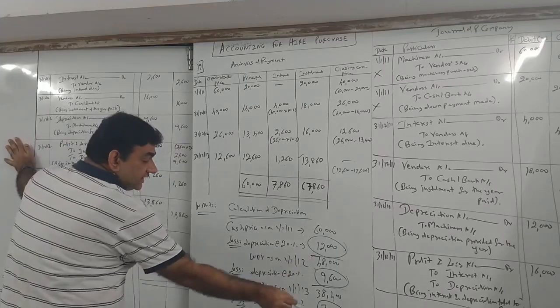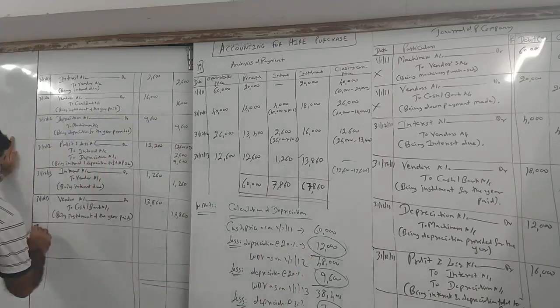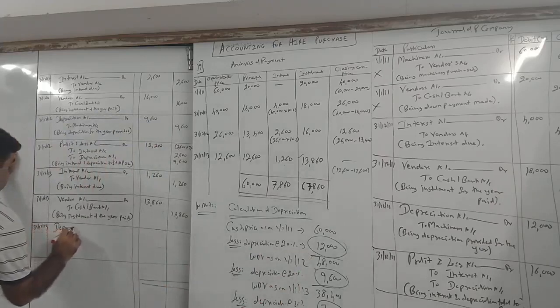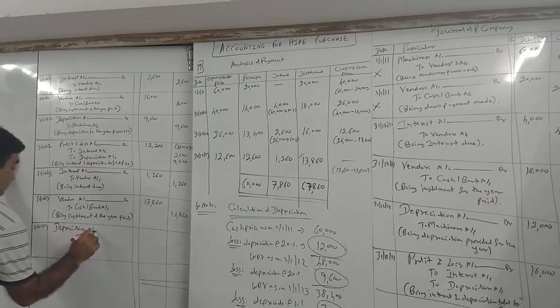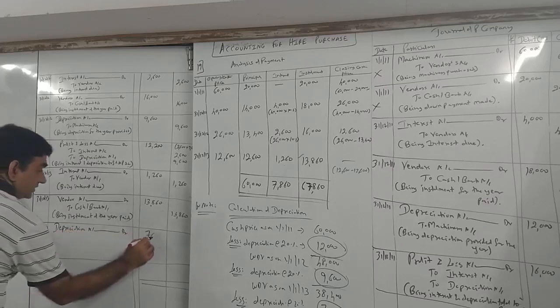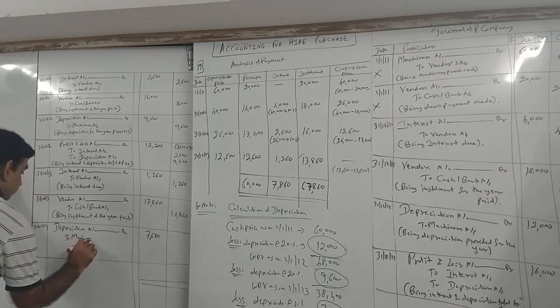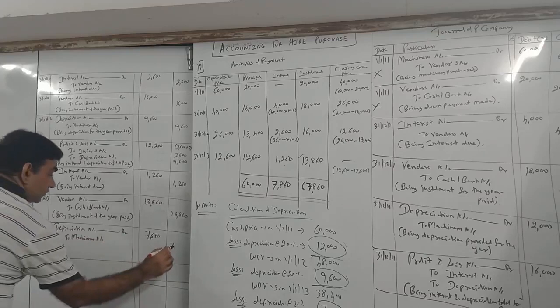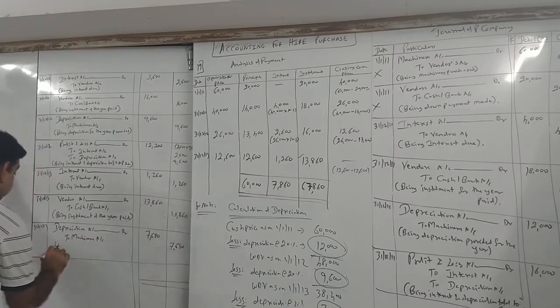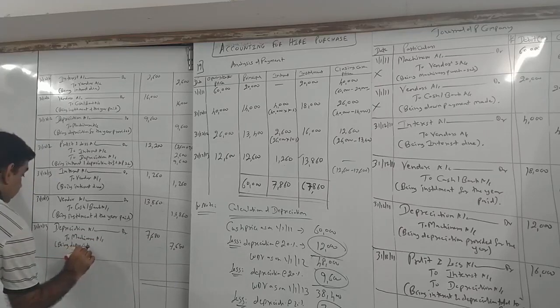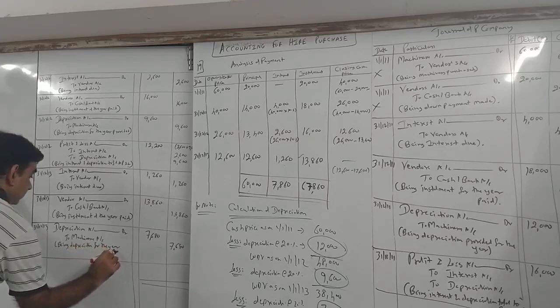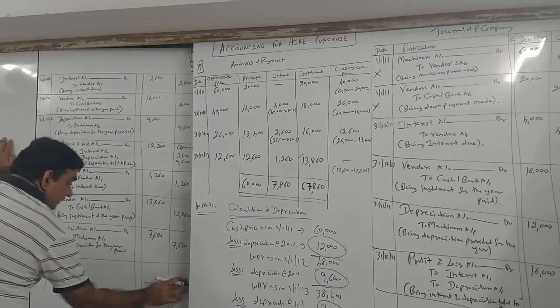Then depreciation, third year's depreciation 7,680. See, this was first year, second year, now third year. So for third year's depreciation, we are depreciating machinery. So depreciation account debit 7,680 to machinery 7,680, being depreciation for the year provided.